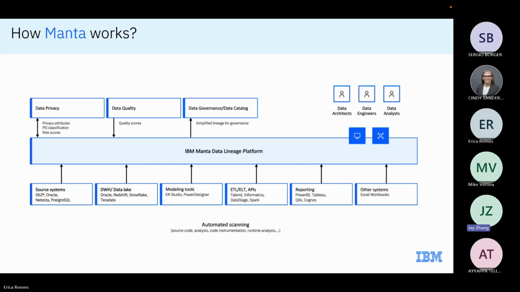This doesn't necessarily mean only IBM DataStage, right? It can connect to Talend, Informatica, and even the open source Spark engine. Those are considered the main competitors in the ETL space against IBM. And also Manta can connect to some reporting tools and other systems.